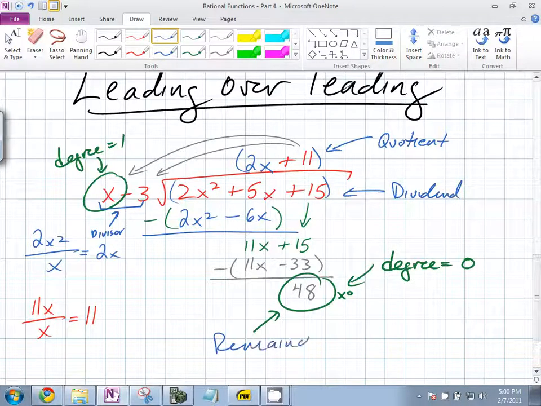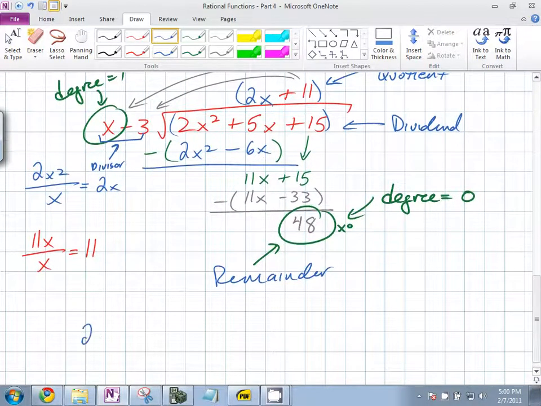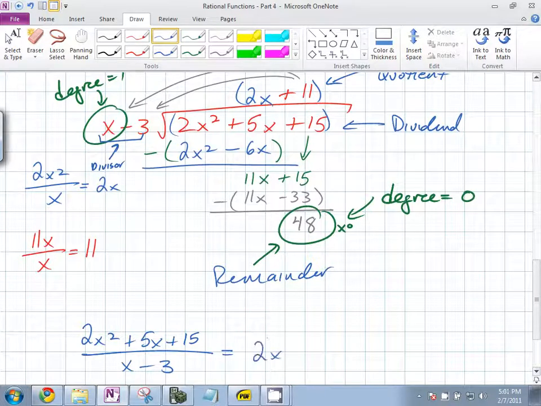Now, how would you check to see if this works? Well, what we just said essentially is 2x squared plus 5x plus 15 over x minus 3 is equal to 2x plus 11 plus 48 over x minus 3.